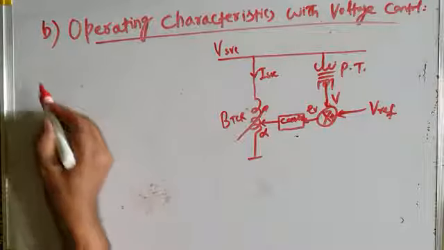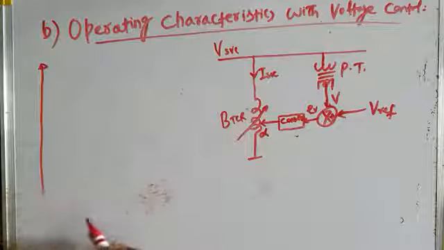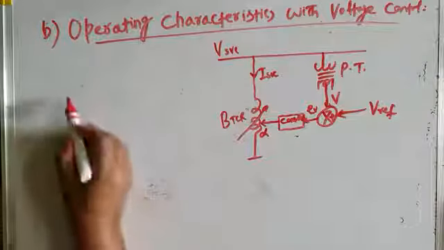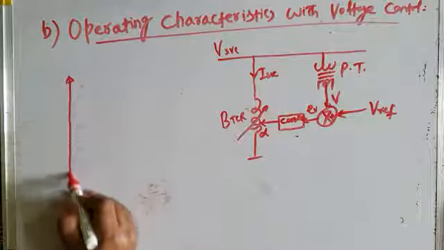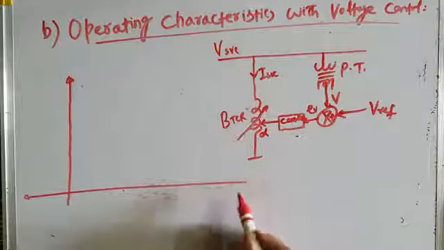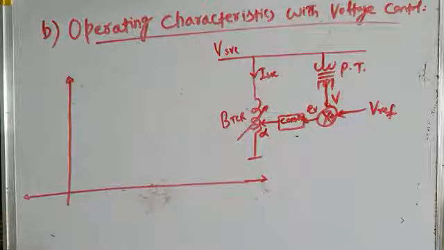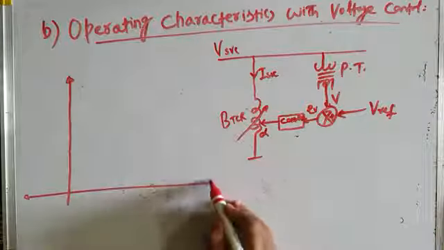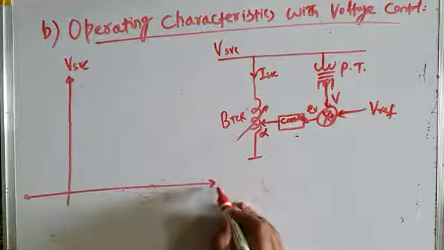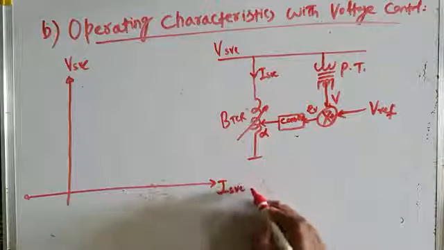This will be very much clear if we try to understand it with the help of characteristics. So let me draw the characteristics. So these are the characteristics. This is SVC voltage, VSVC, and this is SVC current, ISVC, absorption.